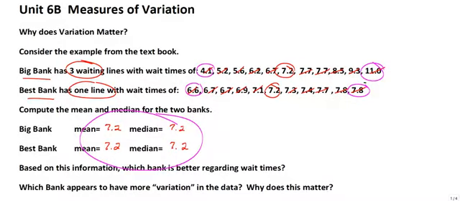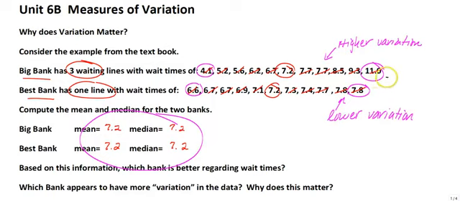Clearly, this first one has a higher variation. This one has a lower variation. And remember, variation refers to the spread of the data. There's more spread in the first data set, less in the second. So the one that has the most variation would be Big Bank.